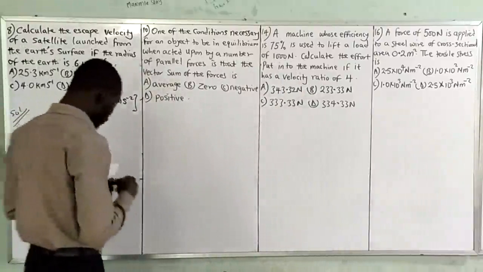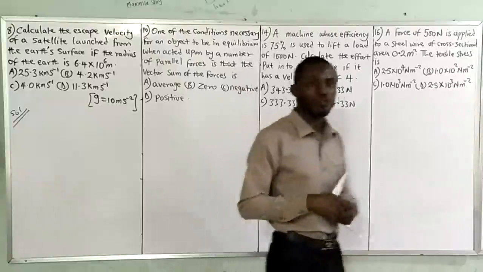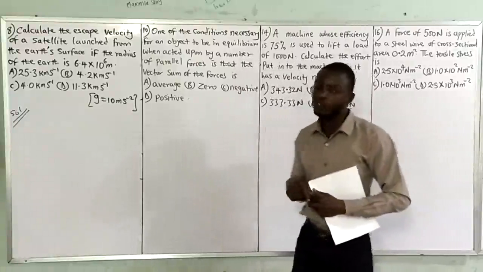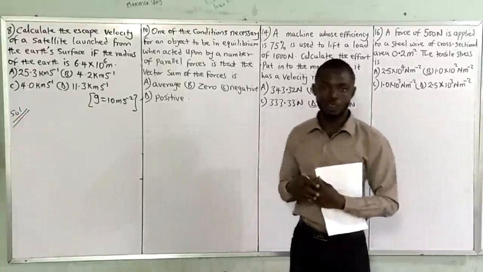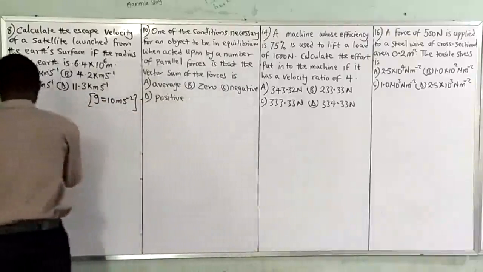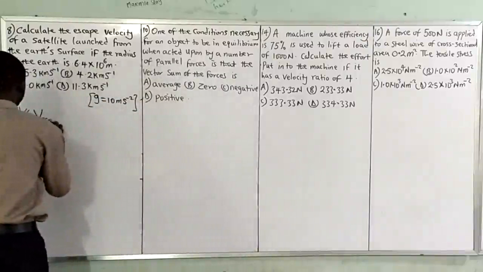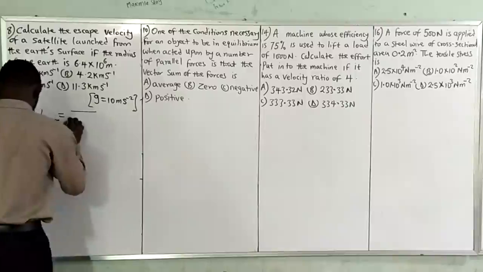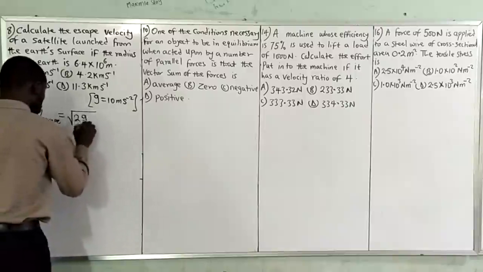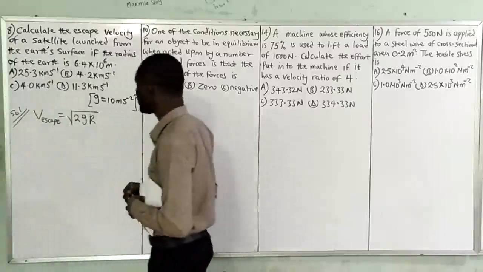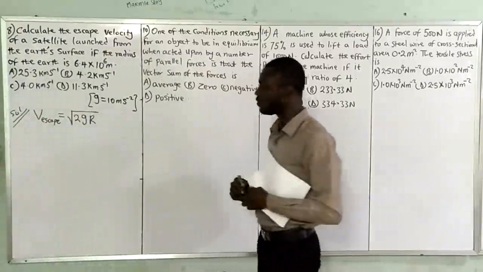Now, in solving this question, you must know the formula for escape velocity. You can download our video on gravitational field. You will understand this better. The formula for escape velocity, that is the V escape, is actually the square root of 2gr, where g is acceleration due to gravity and r is the radius of the Earth.